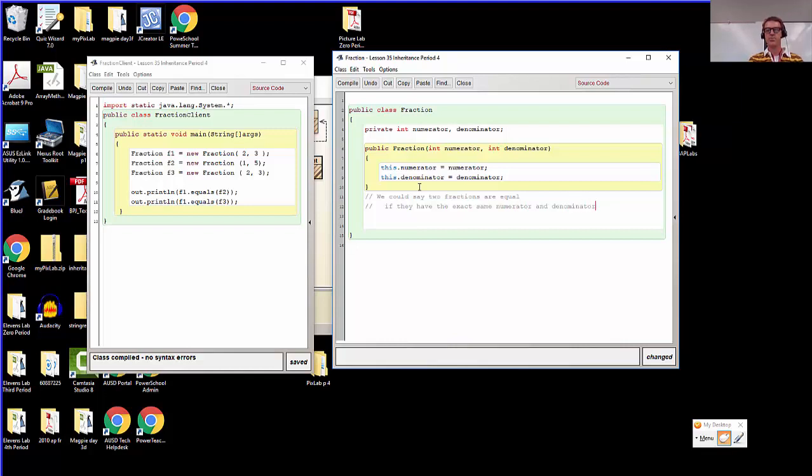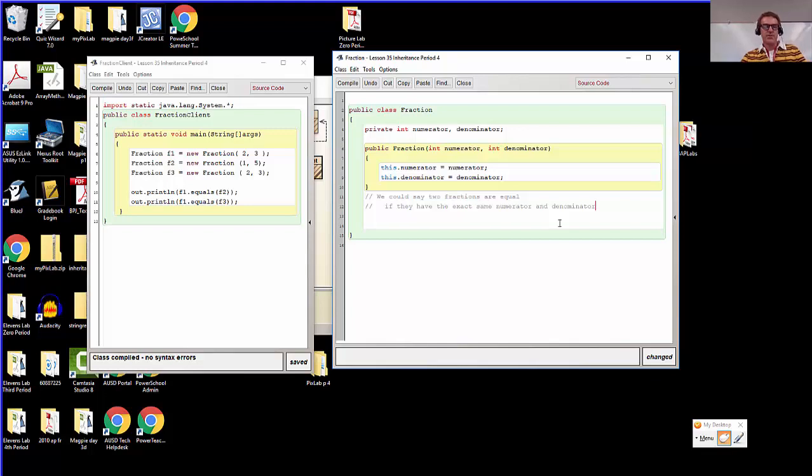Okay, you can assume they're all reduced down, right, with the least common denominator. You can assume that, and that would be one way to do it. Does one fraction's numerator and denominator equal the other fraction's numerator and denominator? That would be a way to do it.